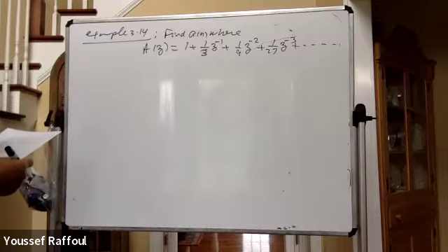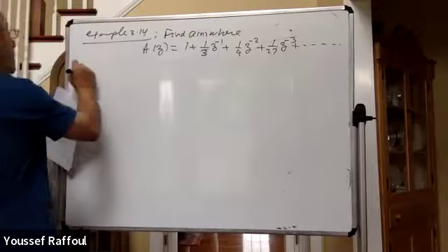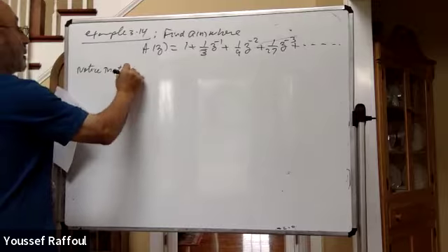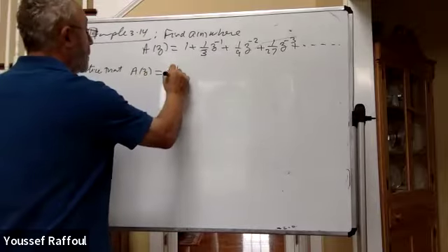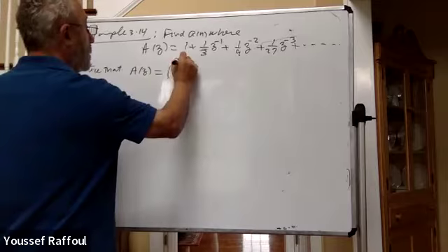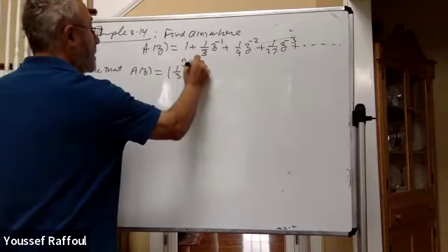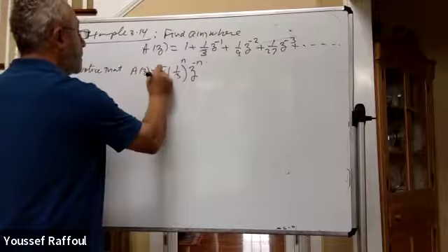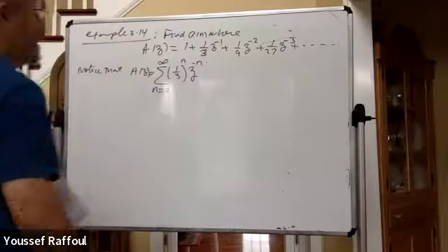Well, we notice that A(z) is the summation from n equals 0 to infinity of 1/3 to the power n times z to the minus n, isn't it?